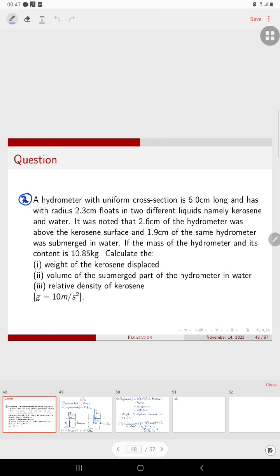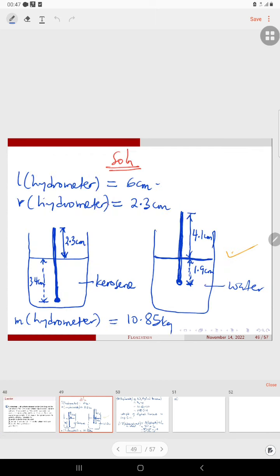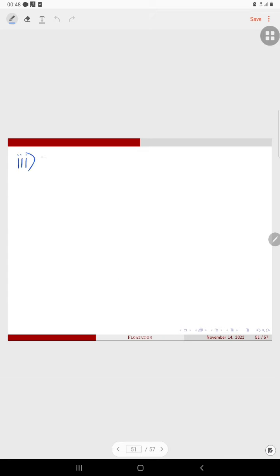We were not given the densities, but looking at the diagram, we were given the lengths of the submerged parts. So it becomes simple for me to use that formula. I will say RD, the relative density of kerosene, is going to be the length of the submerged part in water over the length of the submerged part in kerosene.